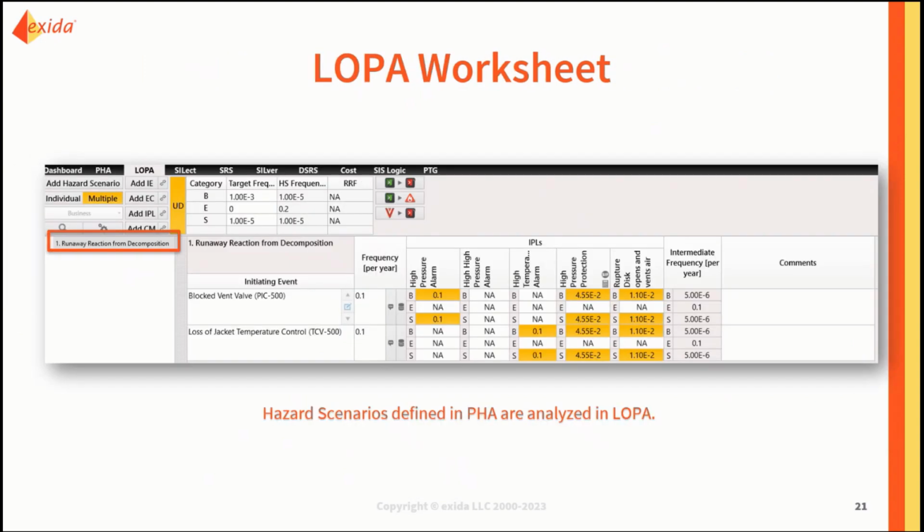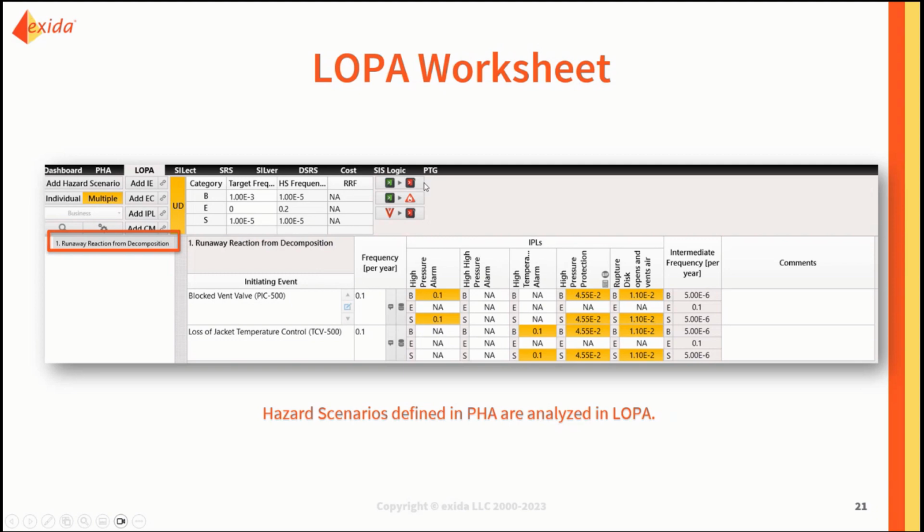But when you move on to the LOPA module, the first thing you're going to see is all of your hazard scenarios listed here. In the screenshot, you can see there's only one. So this is a simple example, but often you would have a number of hazard scenarios listed here. So that's automatically going to move over once it's defined in the PHA. If you would like to bring any other vital information from the PHA, you would simply have to click this button or this button.